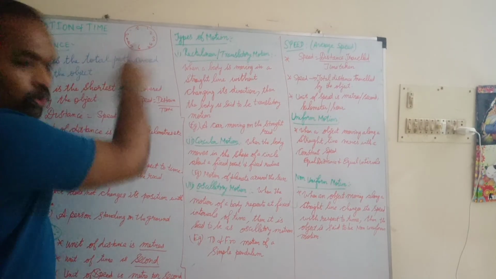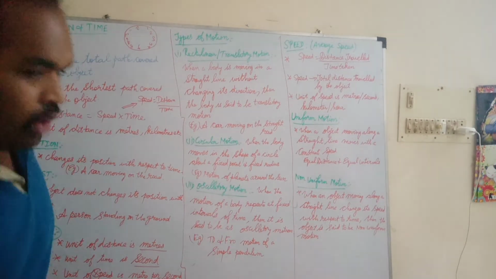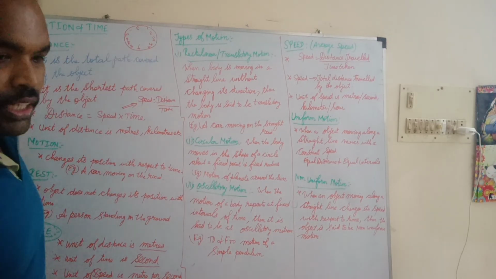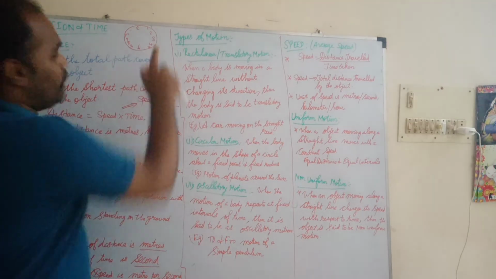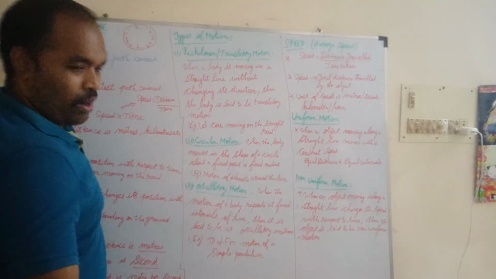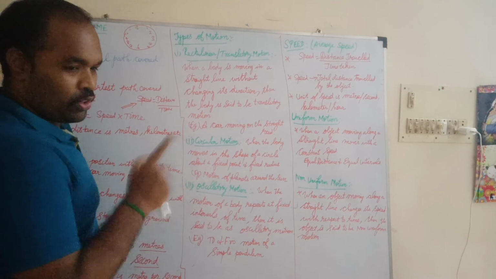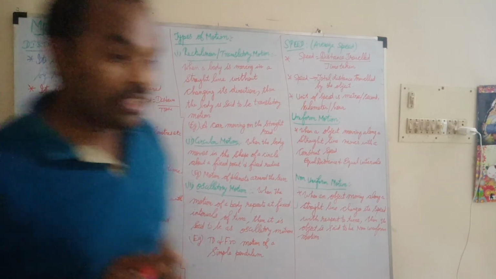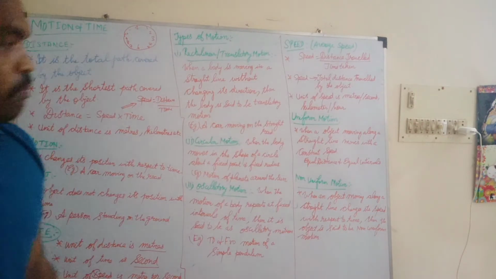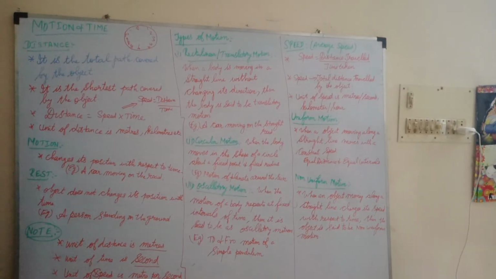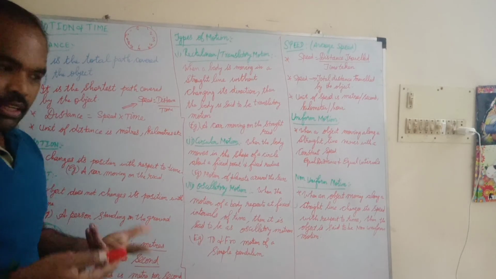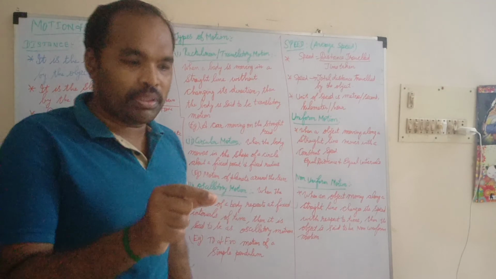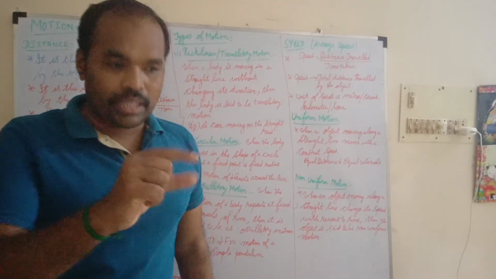That is said to be uniform motion. Another example: your car moving on the road with a constant speed, like 20 or 30.